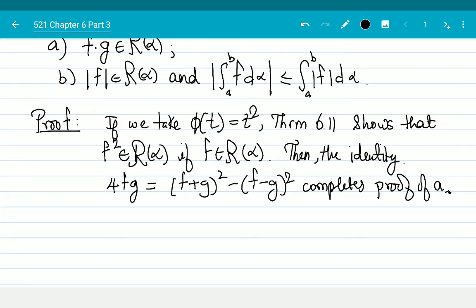And so 4fg is also integrable, so fg is integrable, right?